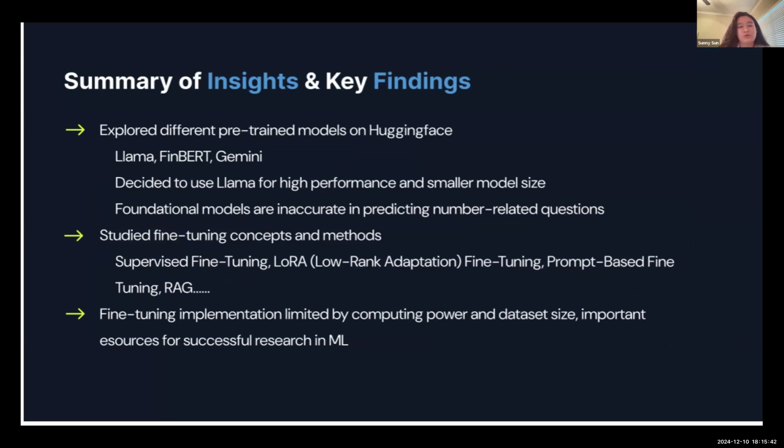So that is what we need to work on. We also studied different fine-tuning concepts and methods like supervised fine-tuning, LoRA fine-tuning, prompt-based fine-tuning, and RAG. We attempted to run each method on the model we selected, and many of them had a good start, but we haven't been able to reach a point of complete fine-tuning and have the fine-tuned model successfully predict very ideal outputs.